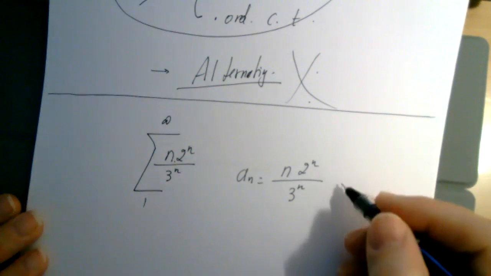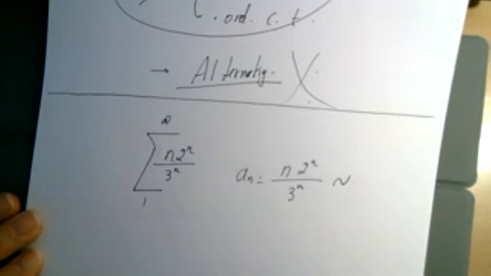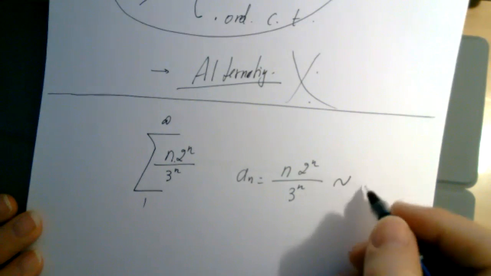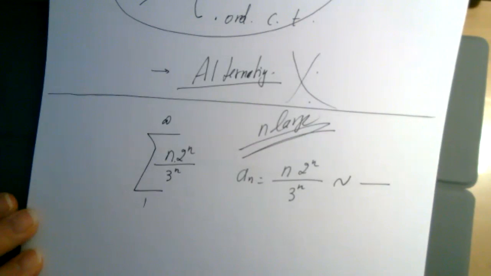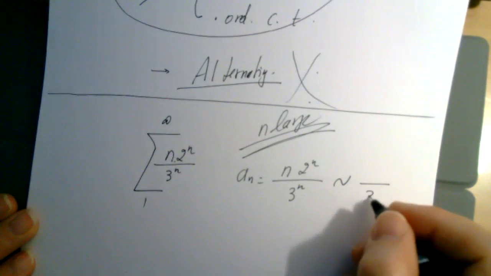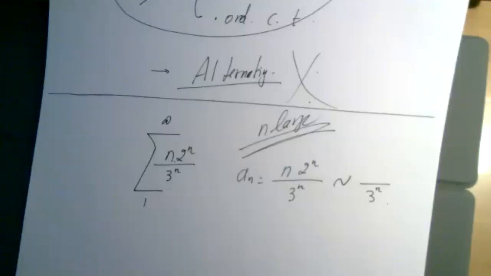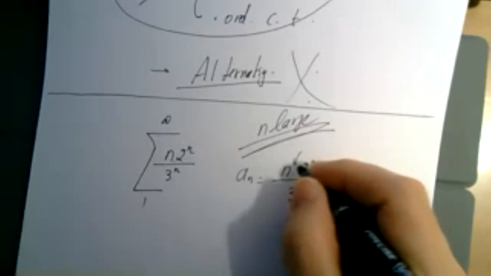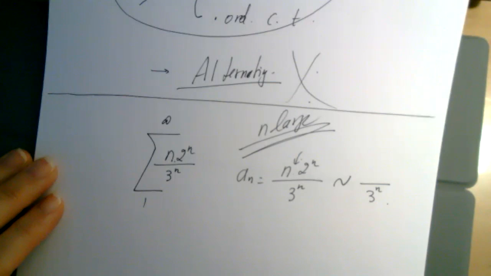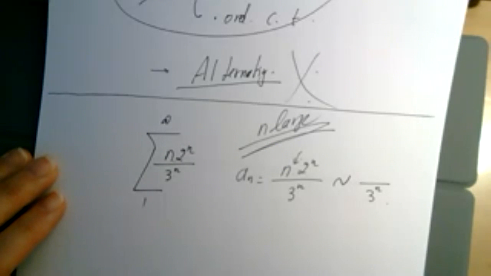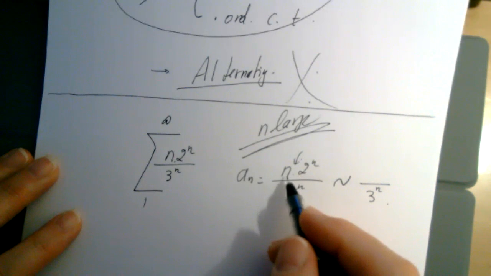Limit comparison, what is the problem with it? When n is large, what's going to happen? The denominator is 3 to the n. What about the numerator? Remember, we are multiplying here. What shall I compare it with? That's the problem. This is n times 2 to the n.